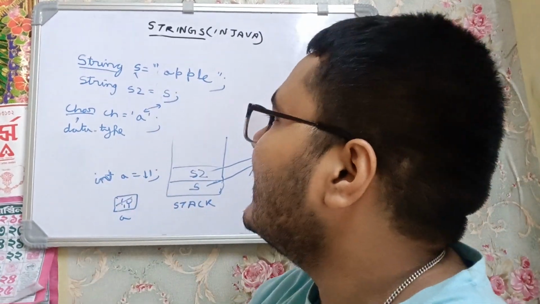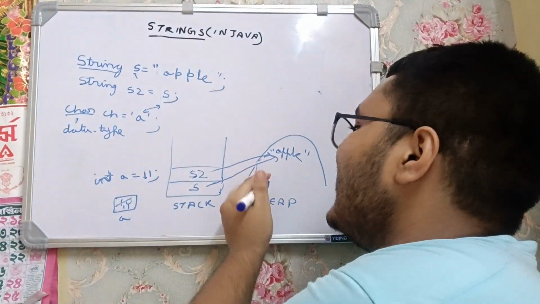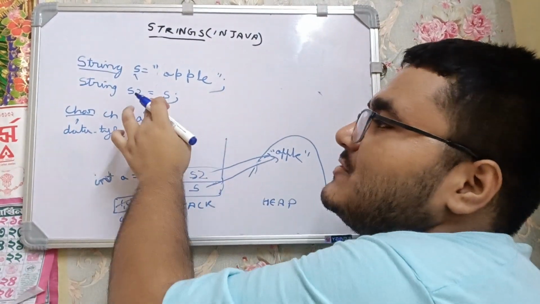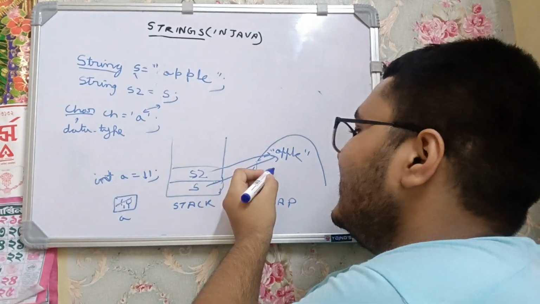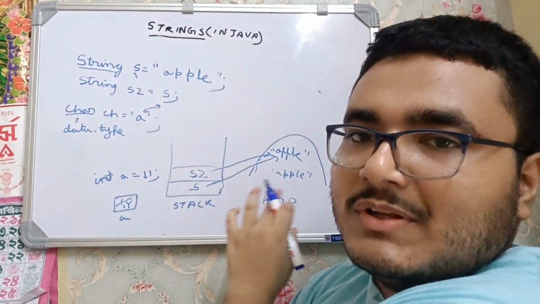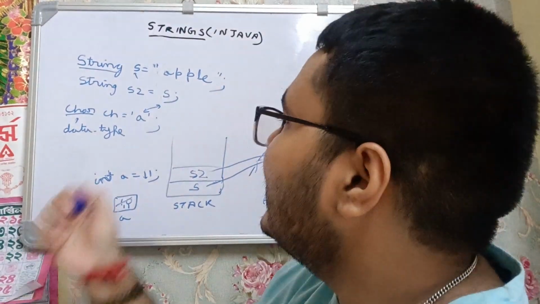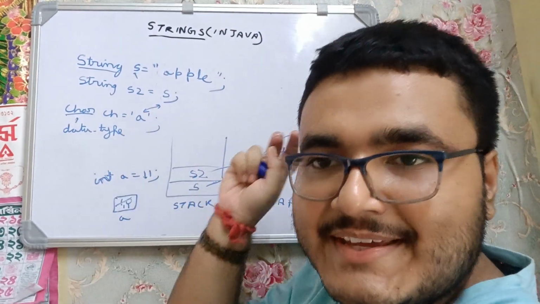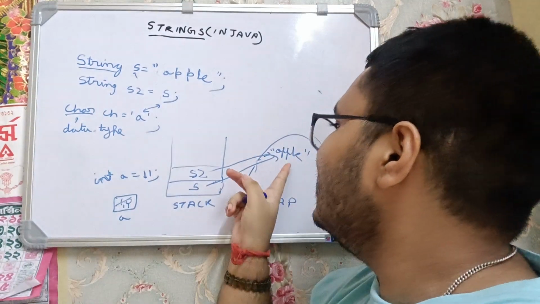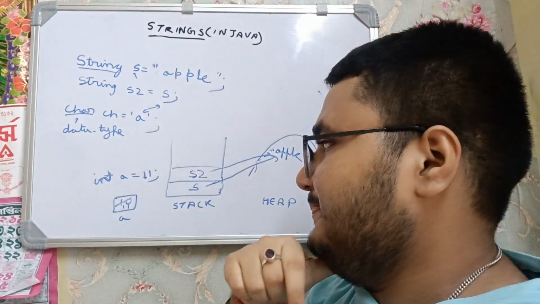If I am creating s2 is equal to apple separately, it will create another apple separately in the heap, and s2 will point to that apple. But when you are writing s2 is equal to s, then s2 is pointing to the same apple.